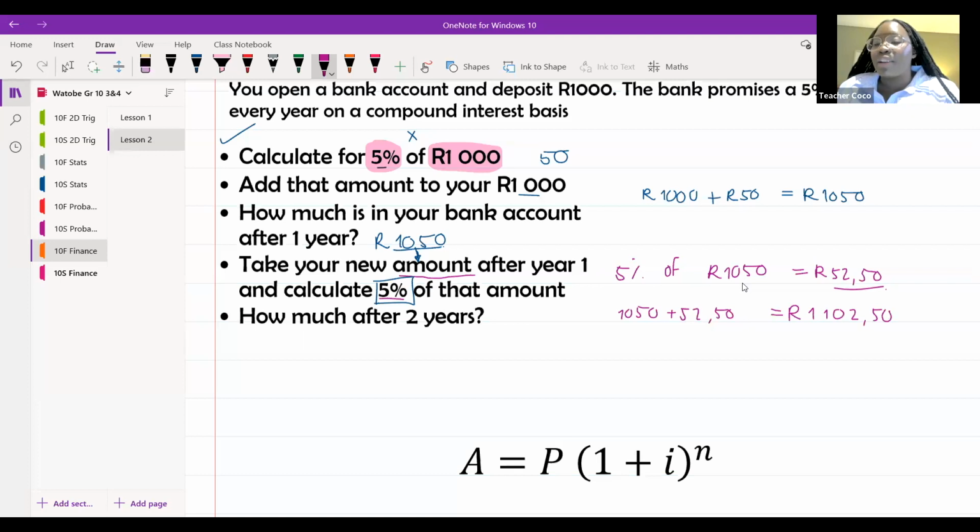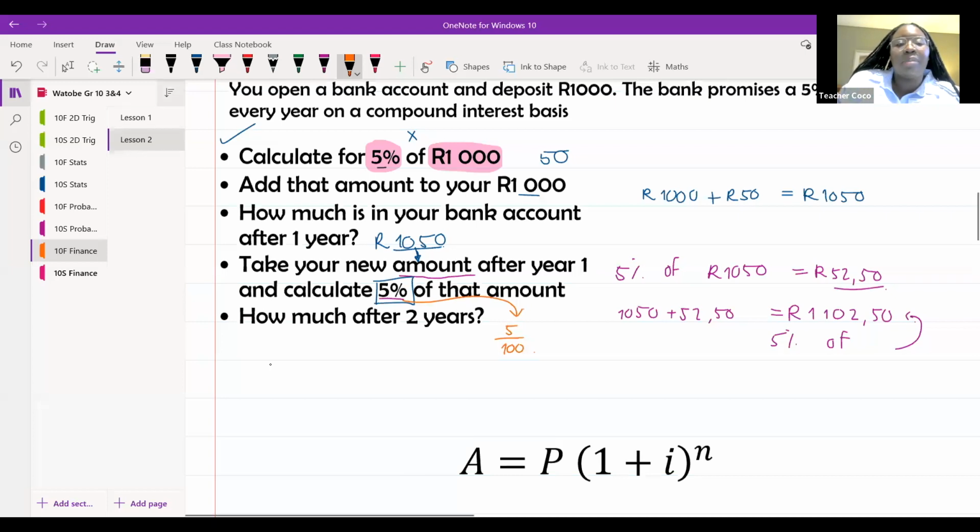Then I need to find 5% of this new amount. So we keep adding the percentage part. Oratile says, my question, how do we calculate the percent part? You can either look for the percentage button on your calculator, or you can type it in as 5 over 100. Oratile, you can punch it in as 5 over 100. Okay, because percent is calculated out of 100.